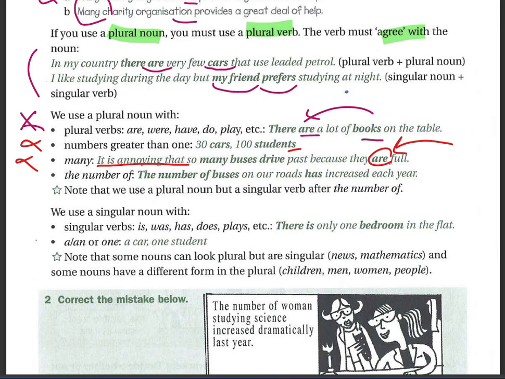And the next option, we use a plural noun with the number of. When you have the phrase the number of, after that you use a plural noun. Look at here. The number of buses on our roads has increased each year. Number of buses.